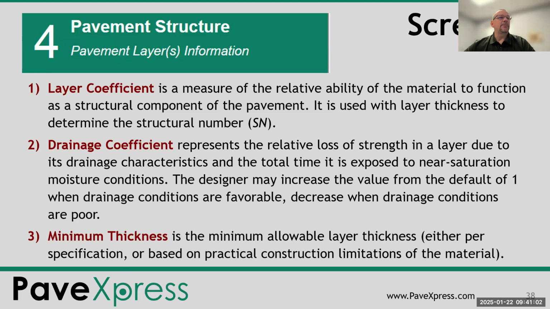Drainage coefficient represents the relative loss of strength in that layer due to its drainage characteristics and the total time it's exposed to near saturation moisture conditions. So the designer may increase the value from the default of 1 where drainage conditions are favorable, or decrease it when drainage conditions are poor. There are some guidelines on how to adjust that drainage, and we'll talk about that more in detail. And then minimum thickness, we've covered that.